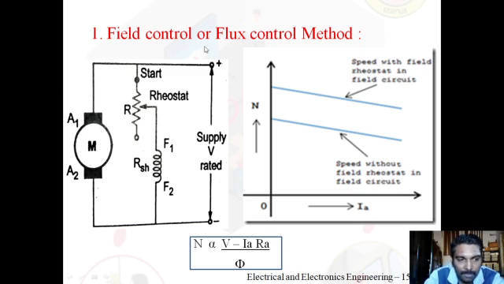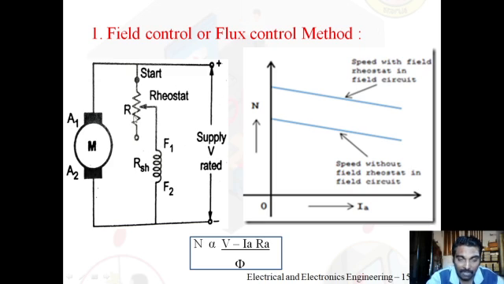If you observe the circuit diagram of a DC shunt motor, a resistance with a value of R has been placed in series with the field winding. Therefore, by varying this resistance, we are trying to vary the flux.